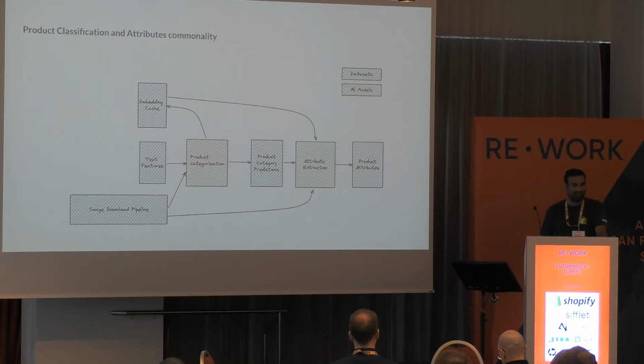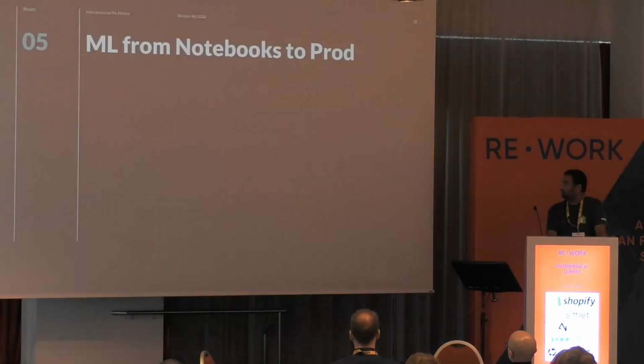It's a very, very hard problem to solve. So we had to build a cost-efficient image download pipeline, and the attribute extraction model just piggybacked on top of that. Further, the embeddings that we were using for product categorization, the image embedding specifically, could be reused for attribute extraction as well. And finally, like I said, product categories are just a prerequisite in order to do attributes. So these two models are very tied to each other.